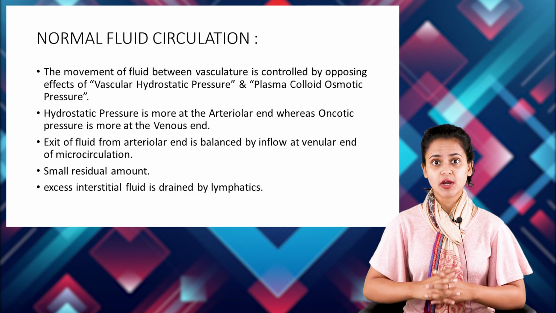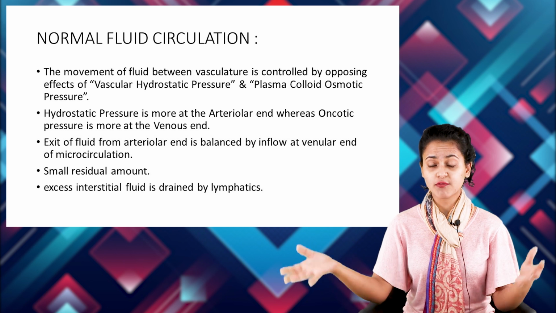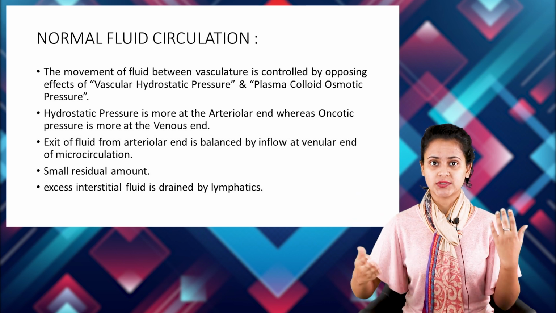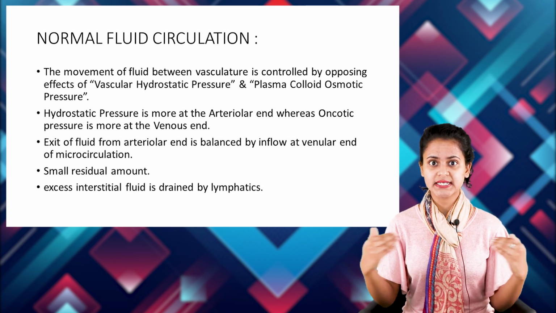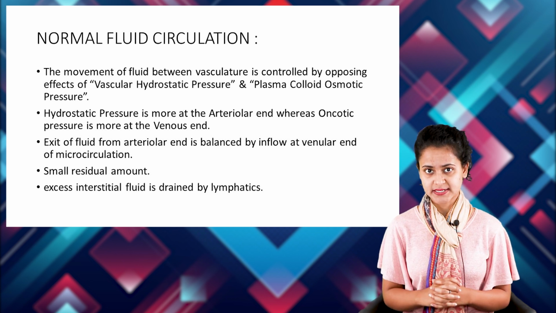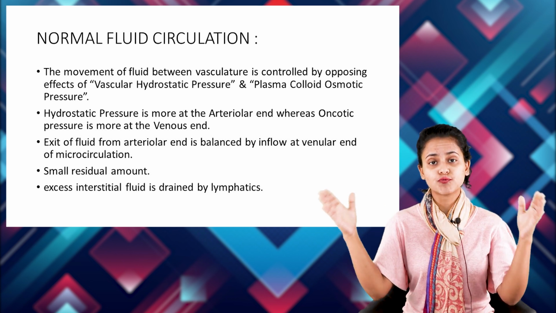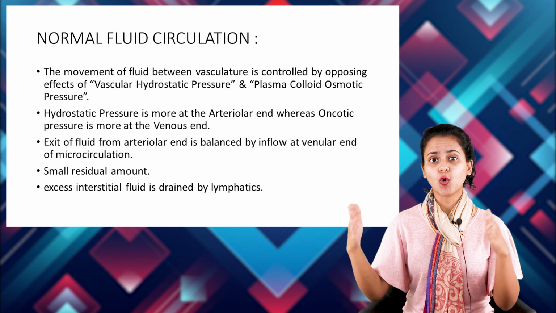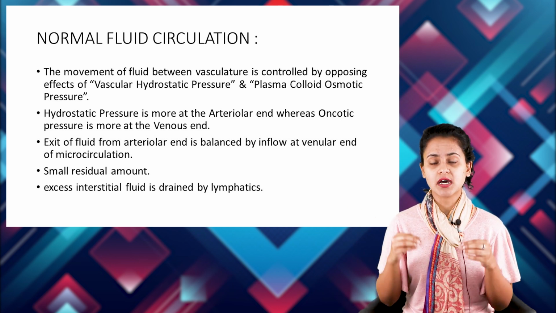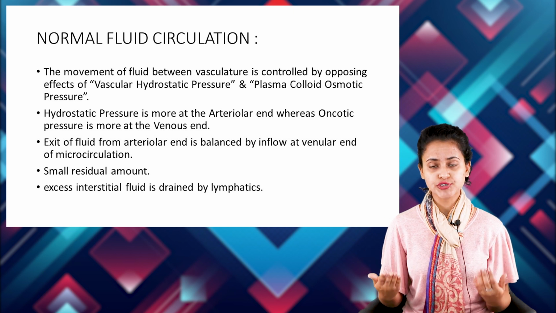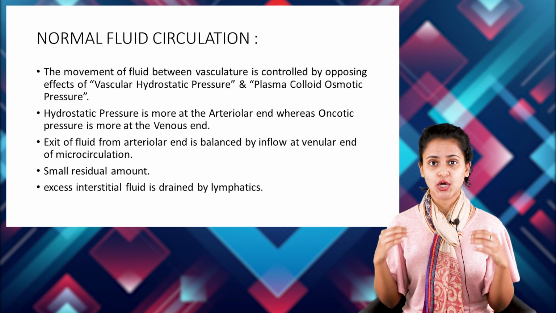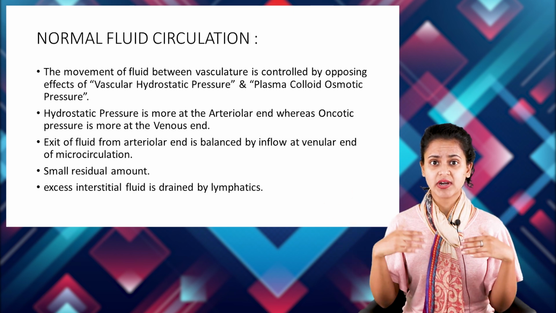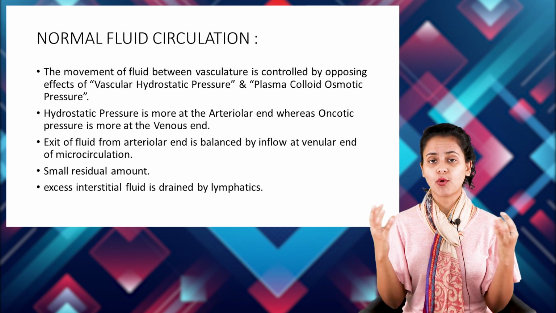Now we are going to read about normal fluid circulation. We have already learned it in the fluid and electrolyte balance discussion, and we will just revise how fluid is regulated within the body at a physiological state. The movement of fluid within and outside the vasculature is regulated by two opposing pressures: the vascular hydrostatic pressure and the plasma colloid osmotic pressure.